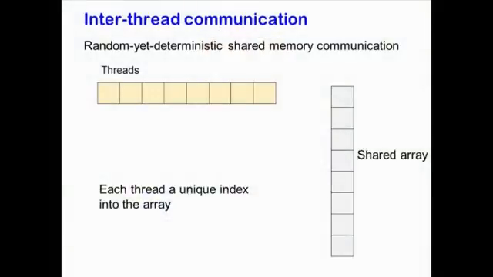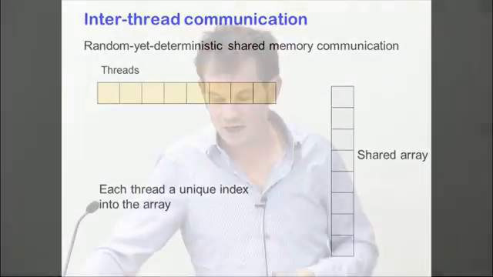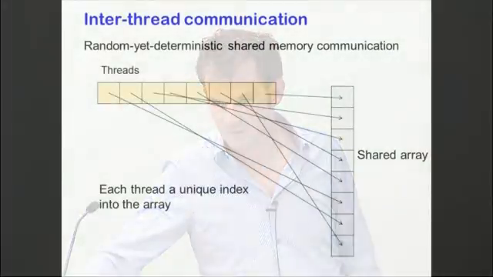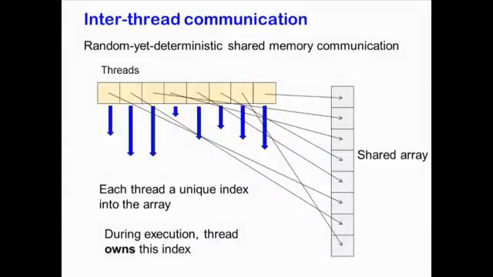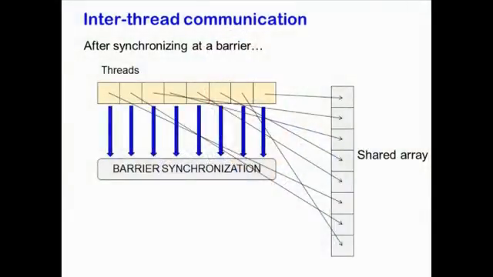So what we implemented was roughly the following. Imagine we've got a bunch of threads executing a kernel, and we've got a shared array. Let's imagine we can give every thread a randomly generated but unique index into this array at the beginning of time. So every thread owns an element of this array. The threads can read and write that element freely as they execute the kernel. And then when they reach a barrier synchronization, we can do an ownership redistribution.